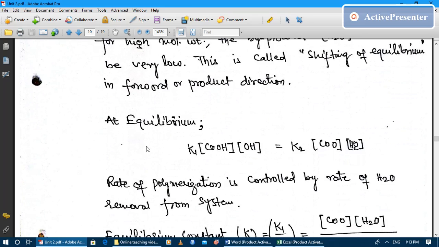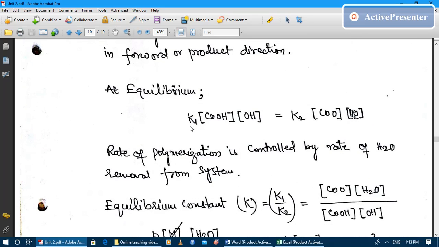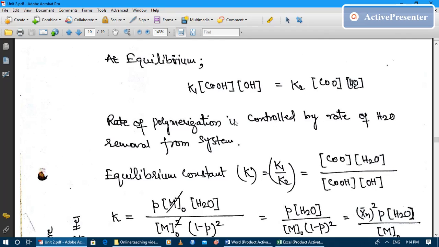At equilibrium, again we can say K1 times the concentration of the carboxylic group multiplied by the concentration of the hydroxyl group is equal to the backward rate constant multiplied by the concentration of polyester multiplied by the concentration of the byproduct, which is water.